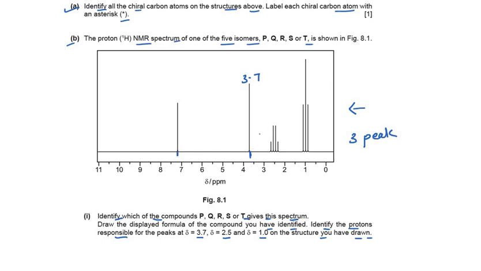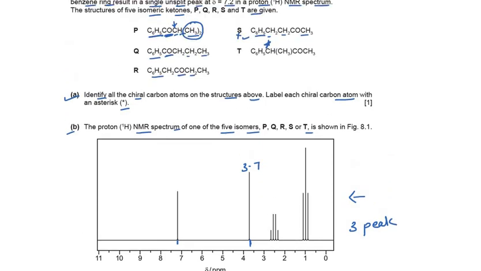So now let's have a look at the structures of P, Q, R, S and T. Let me scroll up again. Now looking at the structure of all the 5 isomers, I found that in R we have protons here which have no protons on the adjacent carbon.